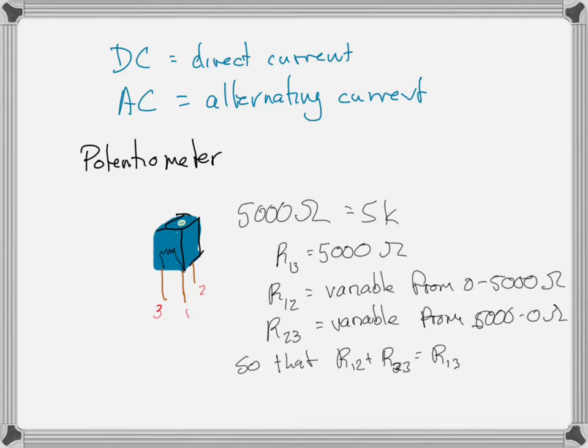The resistance between R12 is variable from 0 to 5,000, so the resistance R23 is variable from 5,000 to 0. In other words, the resistance between 1 and 2 plus the resistance between 2 and 3 equals 5,000 ohms. So as one goes up, the other goes down. You can use either pair of legs, 1 and 2, or 2 and 3, as your variable resistor. That's all you need to know in order to use one of these variable resistors.